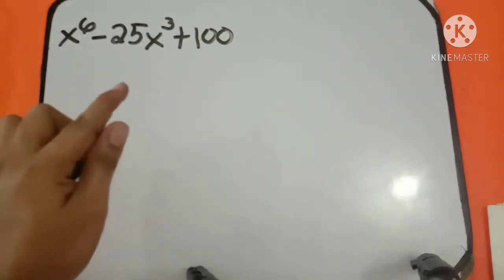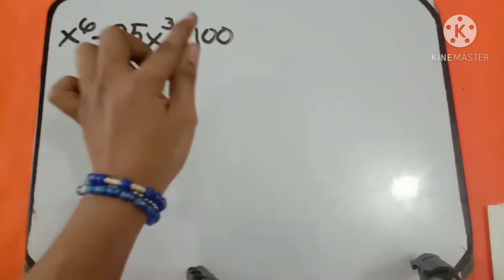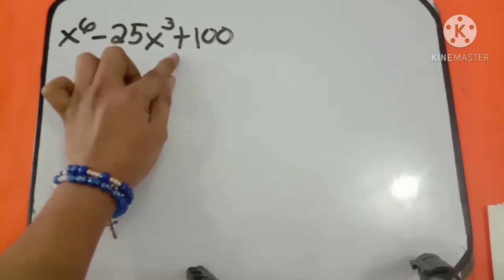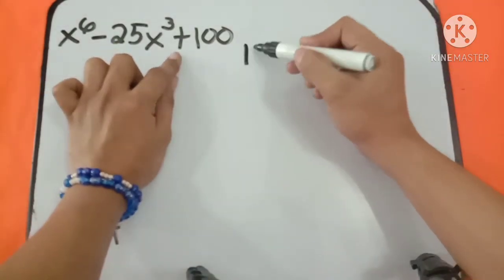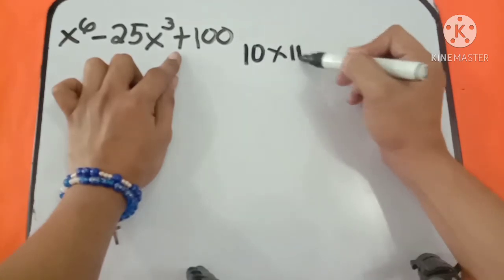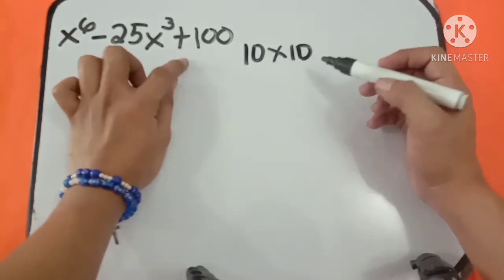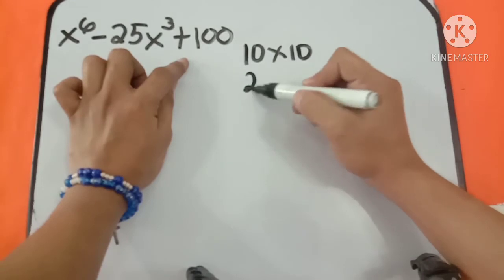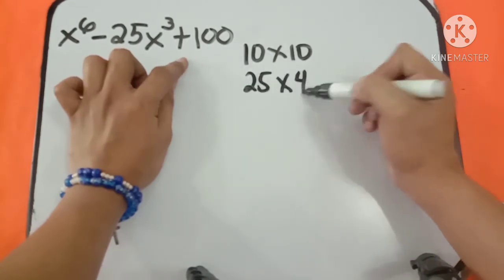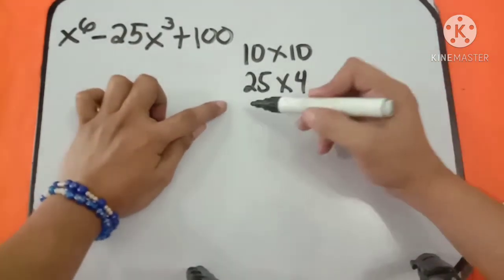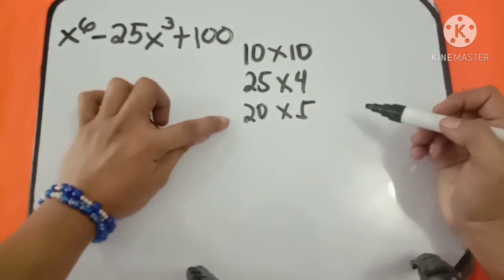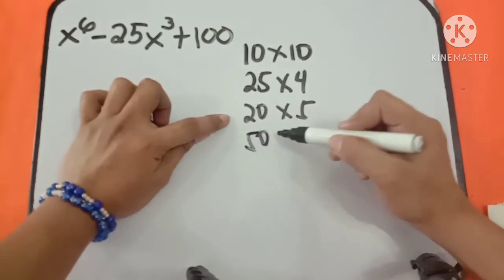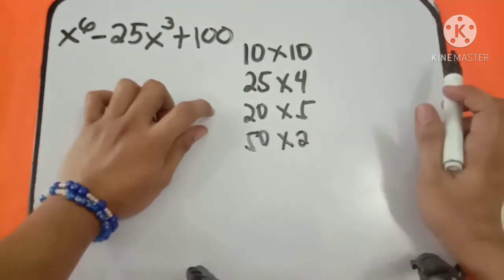So we have to get the possible factors of this positive 100. First, we can say 10 times 10. Is it 100? Yes. Then 25 times 4 is still 100. 20 times 5 is also 100. 50 times 2 is also 100.